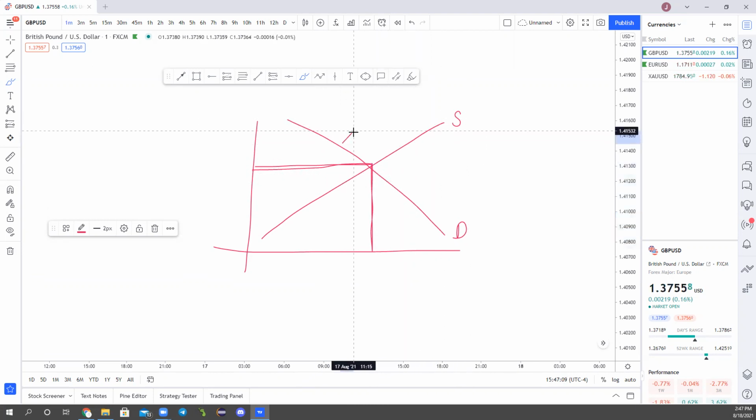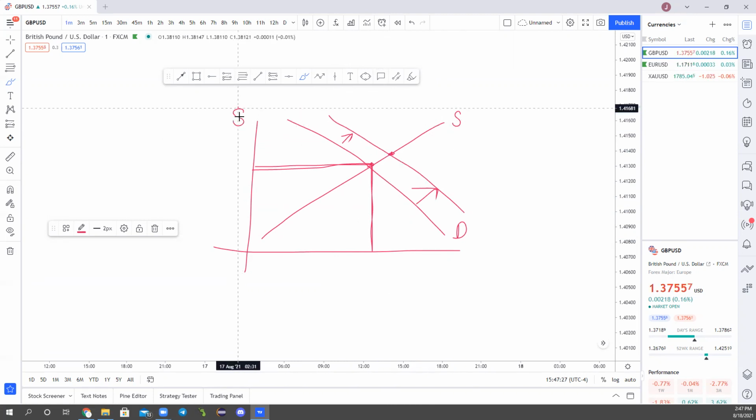If you were to shift this to the right, the new intersection is higher than the intersection here. So there's more demand in whatever market this is. It doesn't matter what it is. So this is price, then quantity. Whenever there's more demand, price increases, quantity increases.